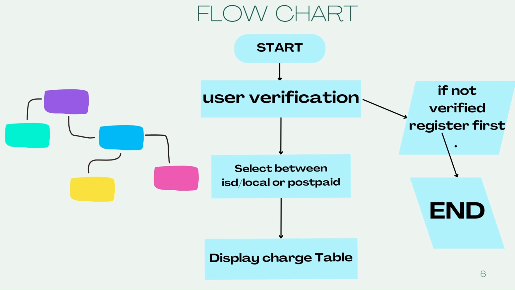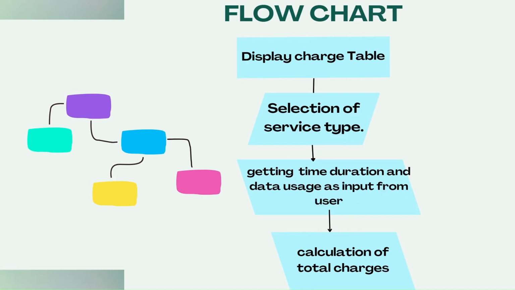After that, the code will display the charge table, and after the displaying of the charge table, the user has to select any of the service types from the displayed charges. Then the user has to input their time duration and data usage, for what time they need the recharge.